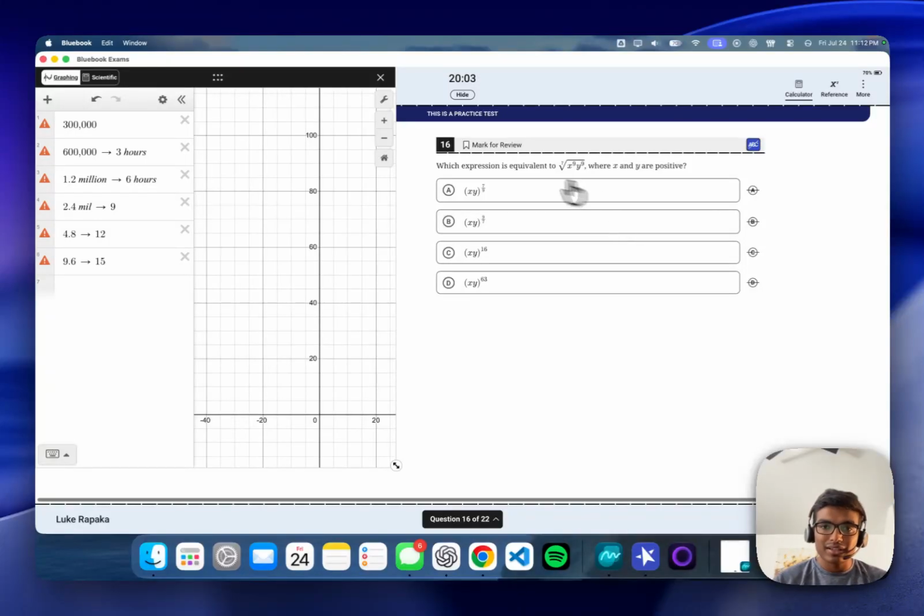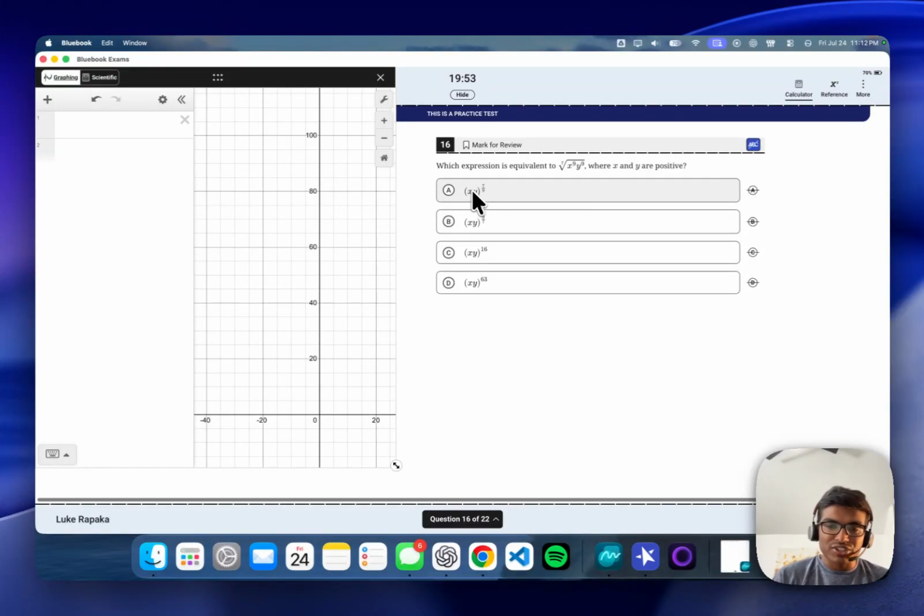Which is equivalent? Before we even get to that, they're trying to convert this into a fractional exponent, right? A phrase my math teacher taught me is power over index.